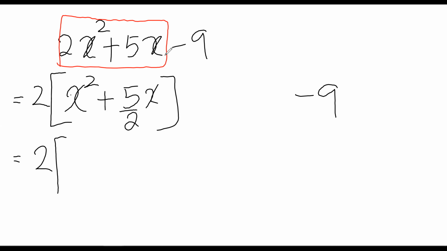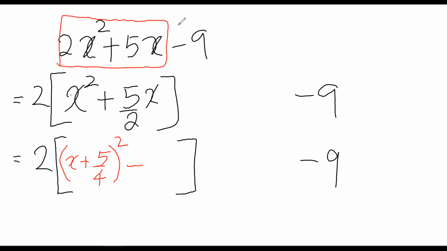Now I will complete the square, minus 9, in red. So this is x plus half of 5 by 2, which is 5 by 4, squared, and you have to subtract 5 by 4 times 5 by 4.